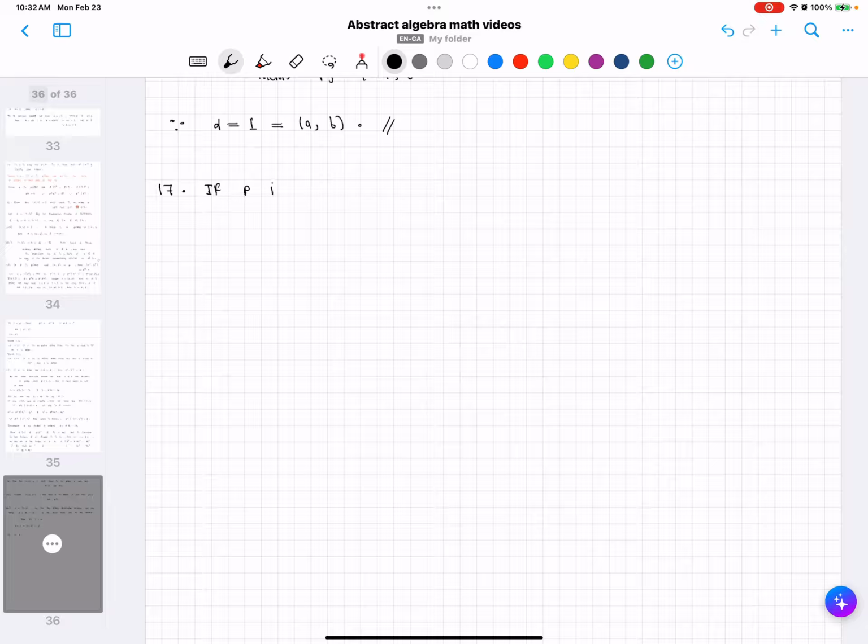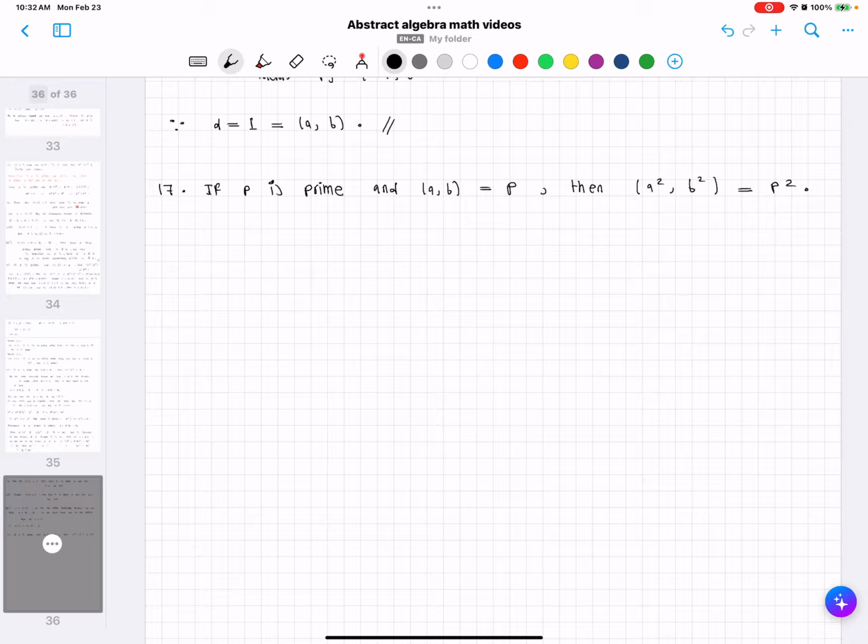If P is prime, and the GCD between A and B is equal to P, then they're asking for the GCD between A squared and B squared. I claim that is equal to P squared.